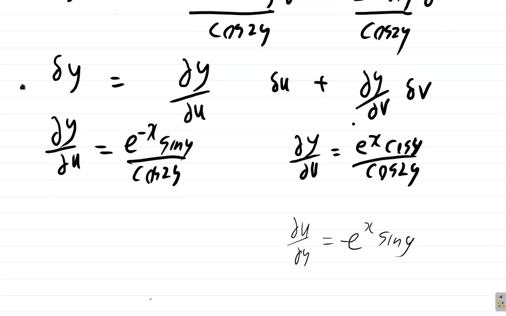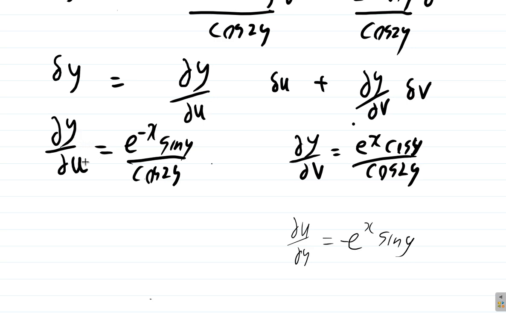Oh, this is v. I didn't write it properly. I was calling this u. This is v. Let me erase and rewrite this. This is delta v, and this is delta u.